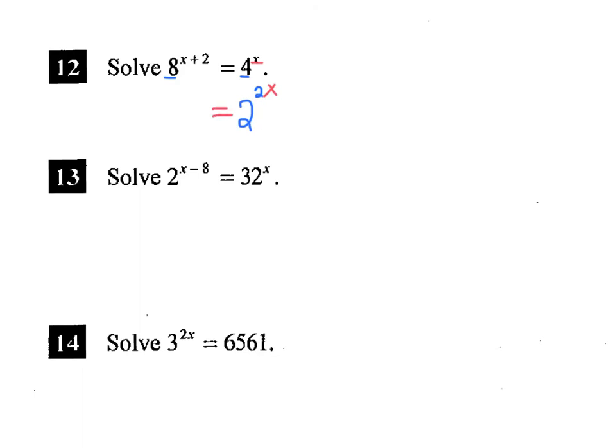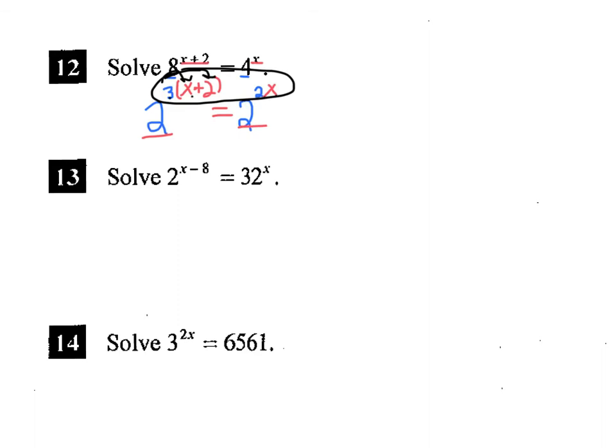That will equal, well, we can rewrite 8 also using a base 2. 2 to the 3rd power is 8. And then we can't forget we have that x plus 2 next to it. Now that the bases are the same, now we can set these exponents equal to each other. When I do that, I'm going to distribute the 3.